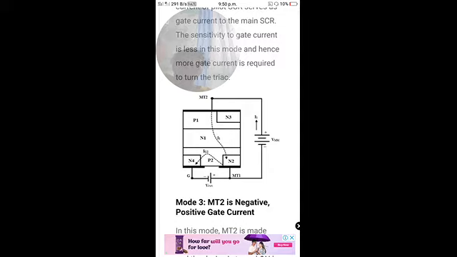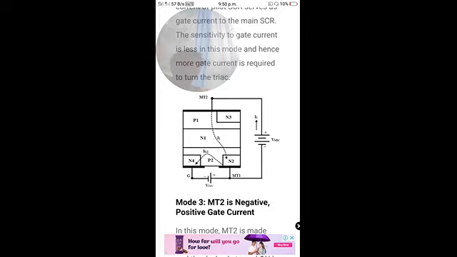The more biasing voltage applied to the gate terminal, the more gate triggering pulse, so breakdown will occur early. This operation is similar to the SCR.